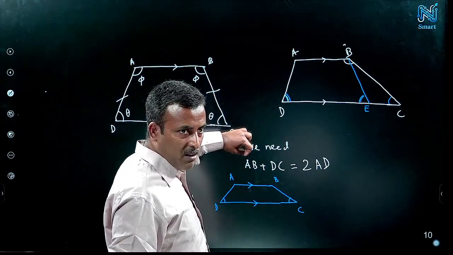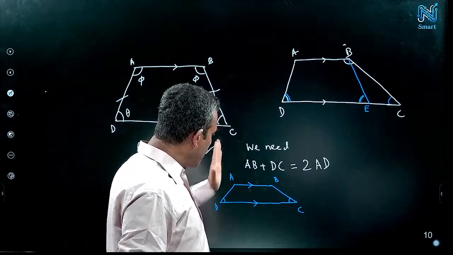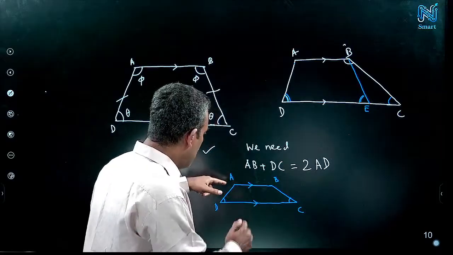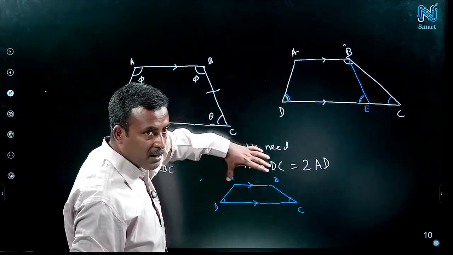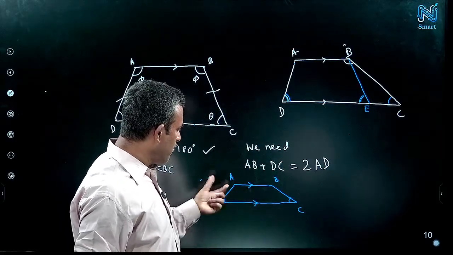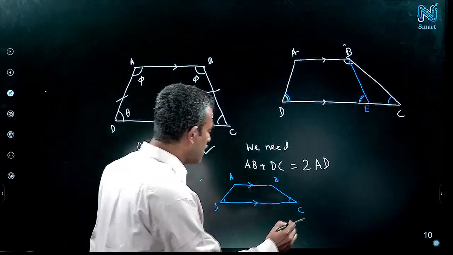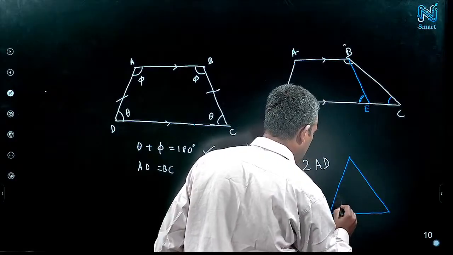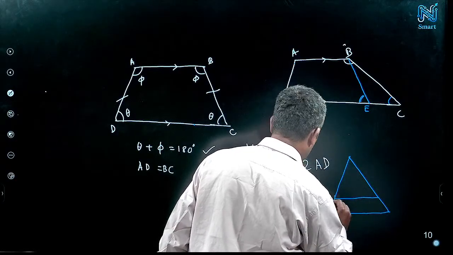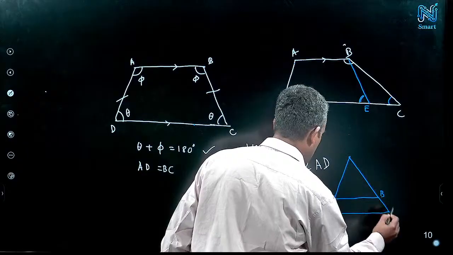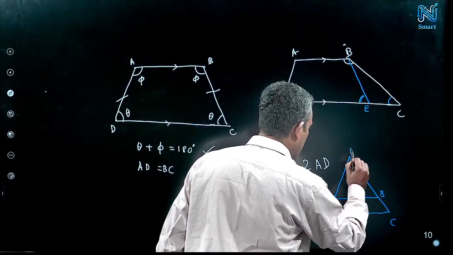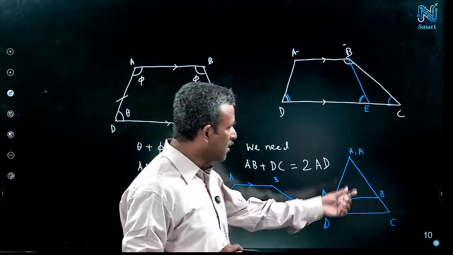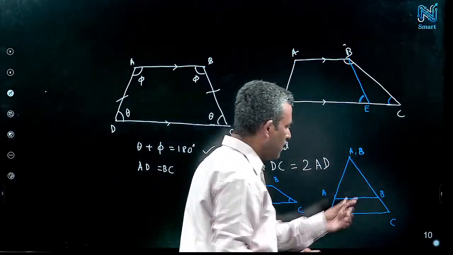So one triangle. At that time AD plus BC must be bigger than DC, right? The sum of two sides must be bigger than that. So that means we start from this figure and end with this figure, right? This is the starting figure, and the end figure is this, both A and B are the same.